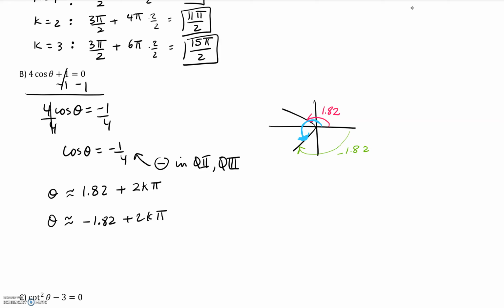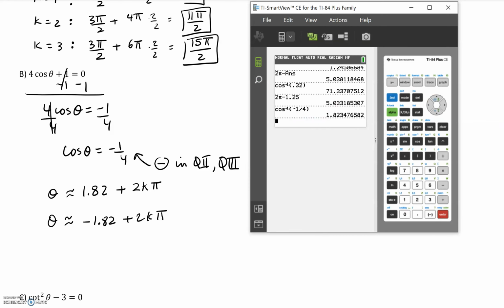If you want to think of it like that, then there is this little leftover piece that will be the same as this little leftover piece, which means you would be adding it to pi. So another way you can think of it is to get this little leftover piece, I've gone all the way pi, but that little piece has to remain, so pi minus 1.82 would give me the little leftover piece.